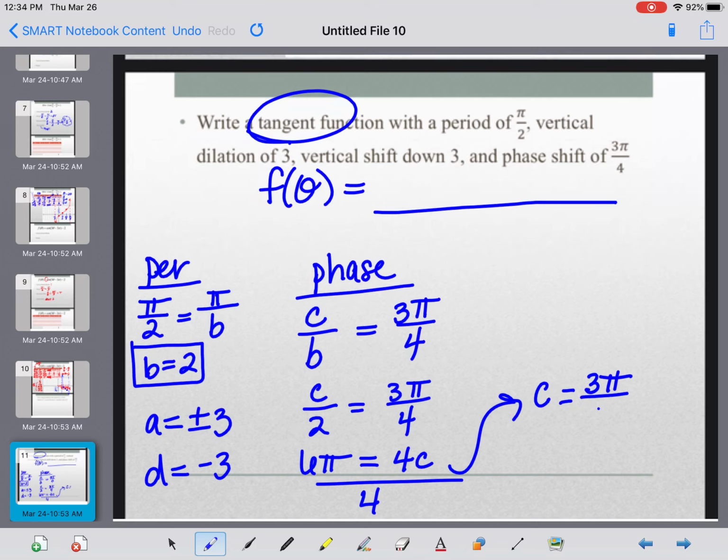So c, I get 3 pi over 2. All right, so setting all of this back up, we have plus or minus 3 tangent of 2 theta minus 3 pi over 2 minus 3. And that's our function.